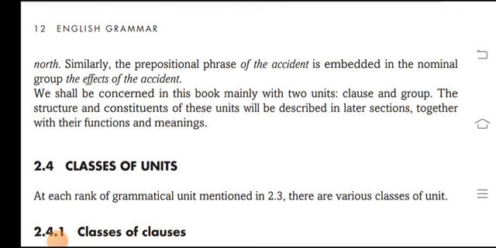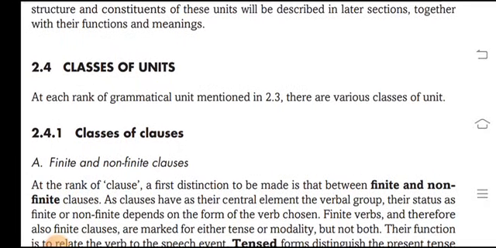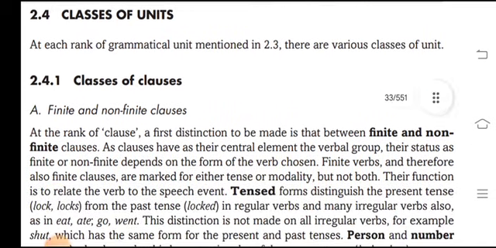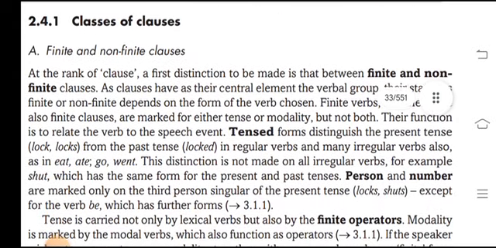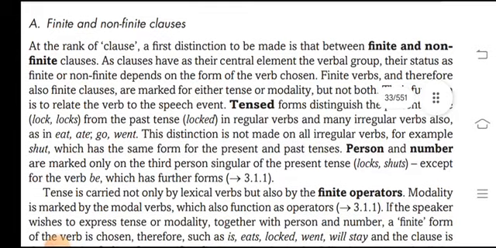The structures constituted of those units will be described in the later sections, together with their functions and meanings and classes of units at each rank of the grammatical units mentioned in 2.3. There are various classes of clause.